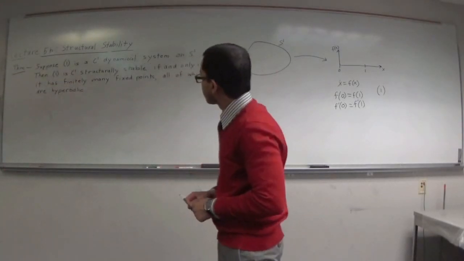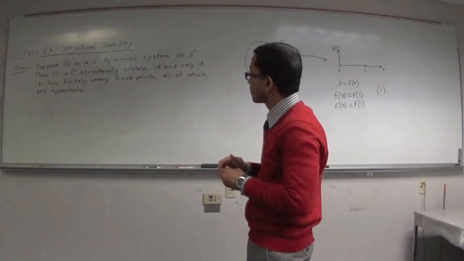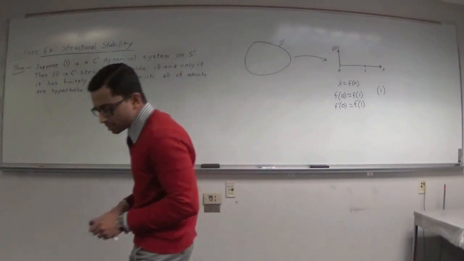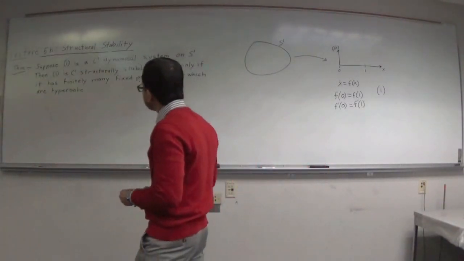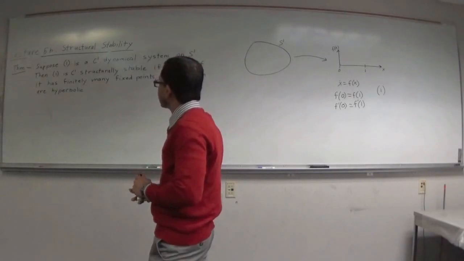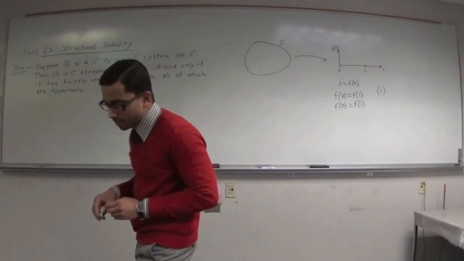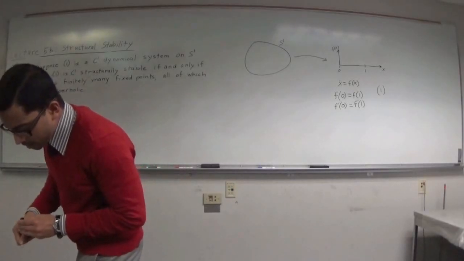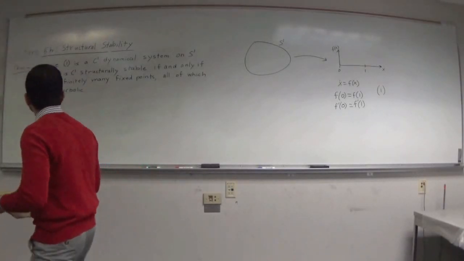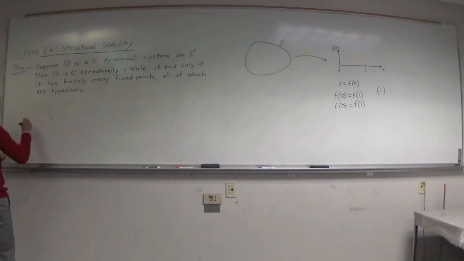So the first part of the proof is going to be easier, but more tedious. And the second part is a bit more difficult to think of, but it'll be more interesting in my opinion. So let's do the first part of the proof, but let's do a special case first.